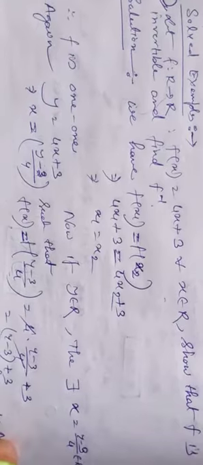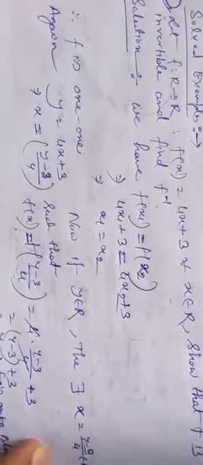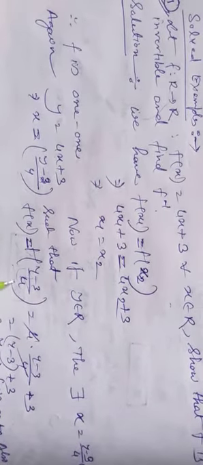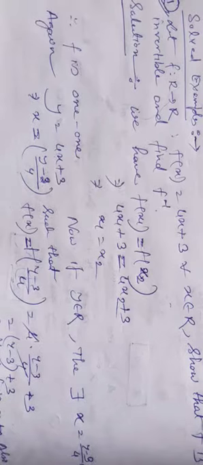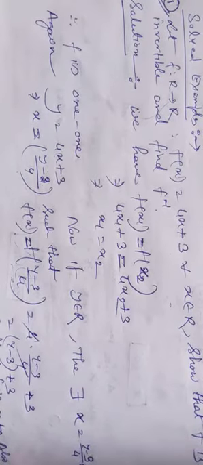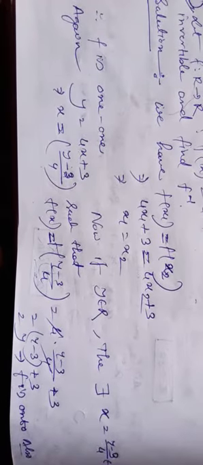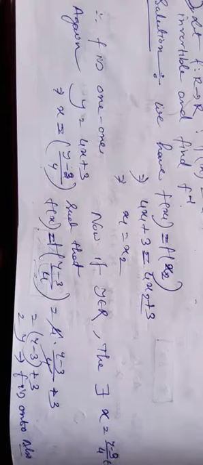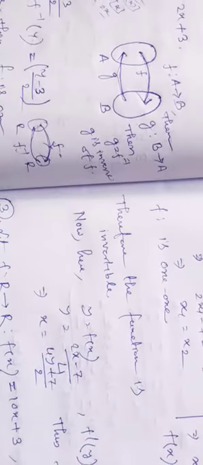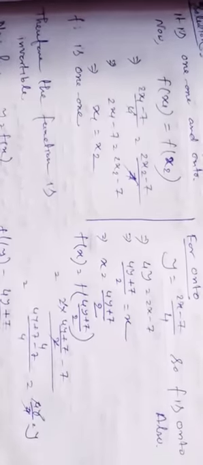So from that we can get that every image has a pre-image. So it is onto also. Okay, so it is 1-1 and onto, that means it is invertible.